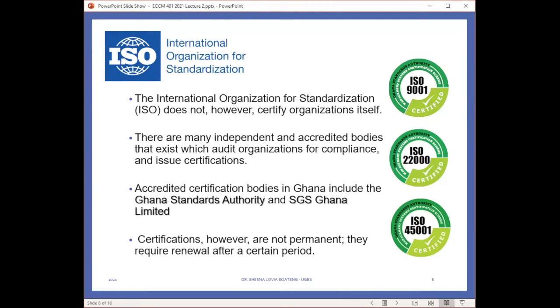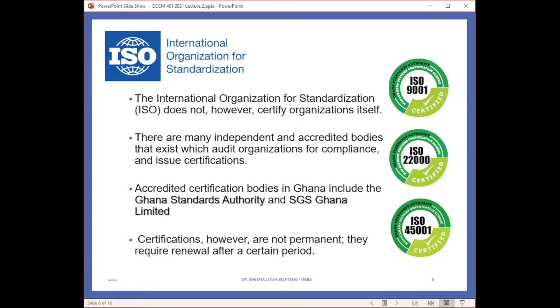They just bring together all the different national standard bodies to come up with the standards and to state the requirements. It is these national standards bodies that are responsible for helping organizations obtain the certification. So in Ghana here, we have organizations like the Ghana Standards Authority being the foremost organization that can help companies obtain that certification. And then in the private sector, we have a company known as SGS Ghana Limited. Their office is situated at the airport. They also help firms or companies obtain ISO certification.